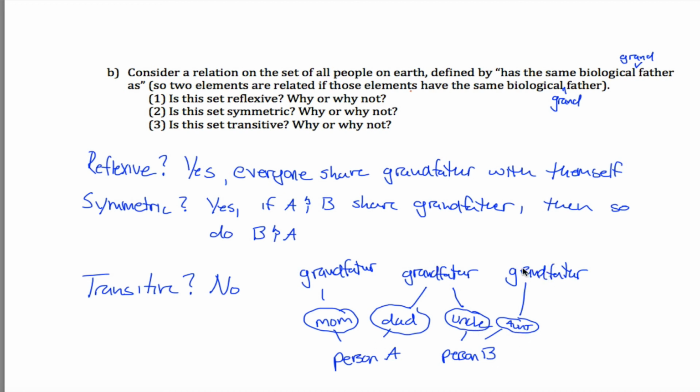Whew. And person A's aunt's dad might have had another child here. Anyways, this is the picture.